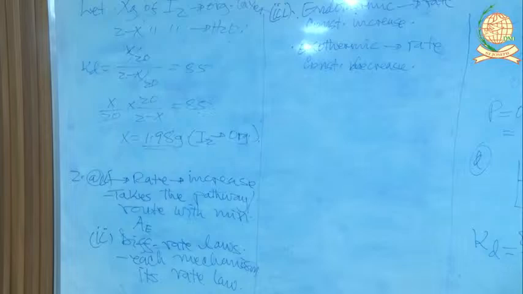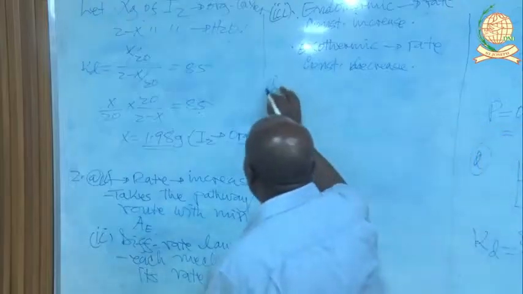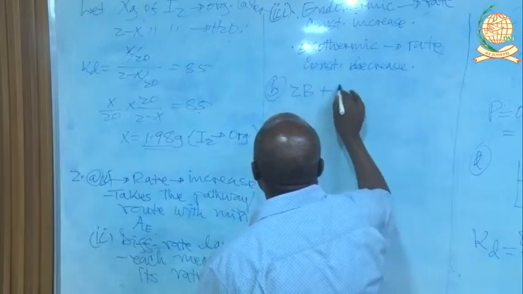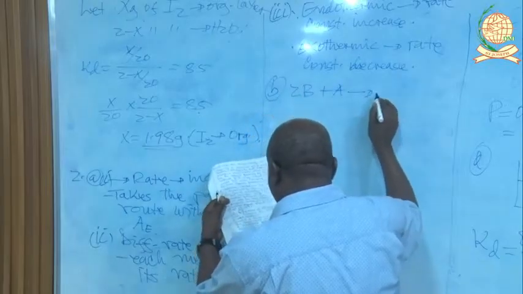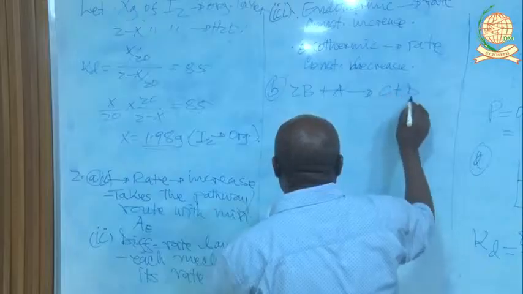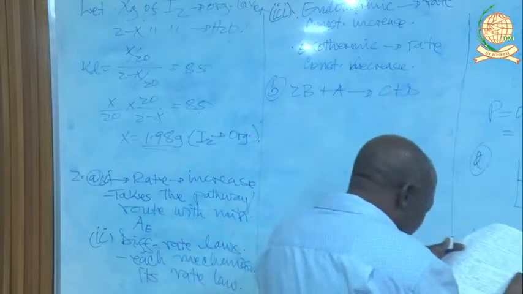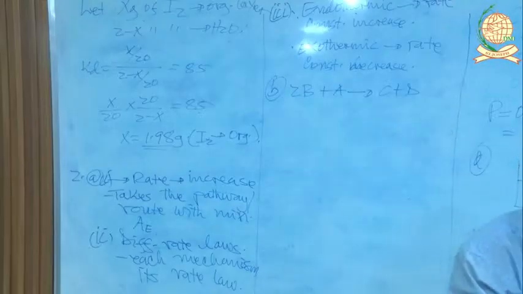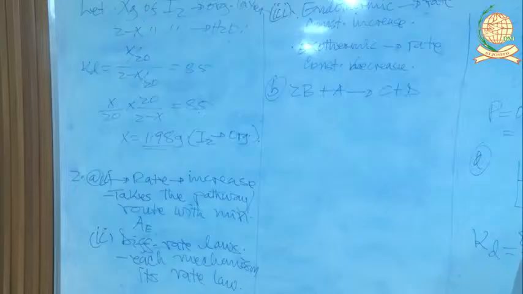Question number 2B says, for this hypothetical reaction, that is B plus A changes to C plus D. Now the question is, the reaction A plus 2B to form C and D is run 3 times in the first run.